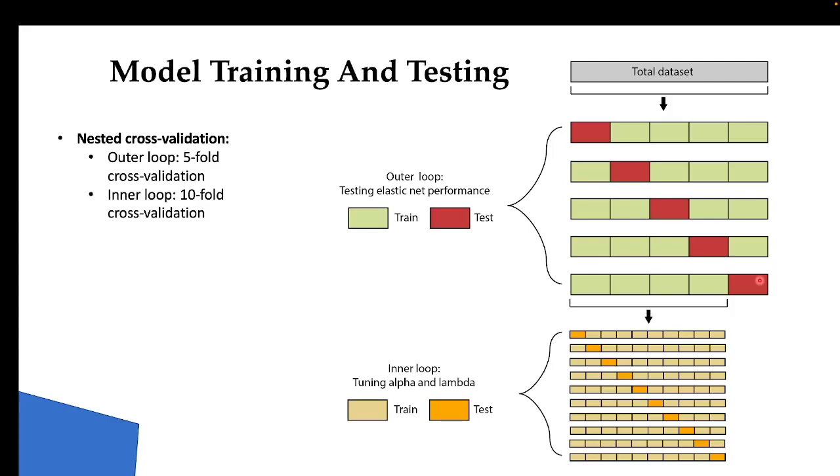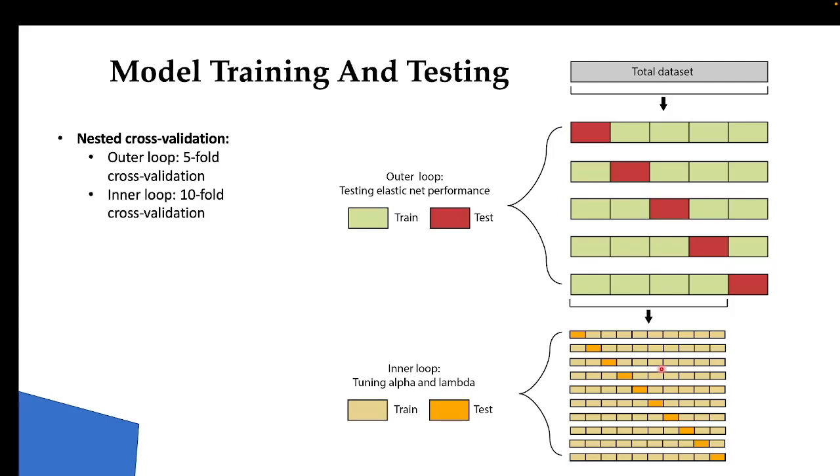We don't see the testing data, so no information leaks from the testing data into our model. For example, in this graph, we've got 5-fold cross-validation for our outer loop, where we actually test the performance of our model, and a 10-fold cross-validation for determining which alpha and lambda is best. This is also the default setting of the NLML app.